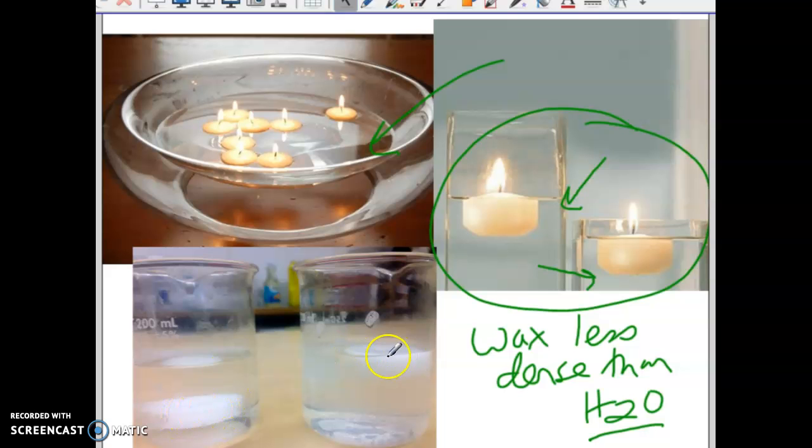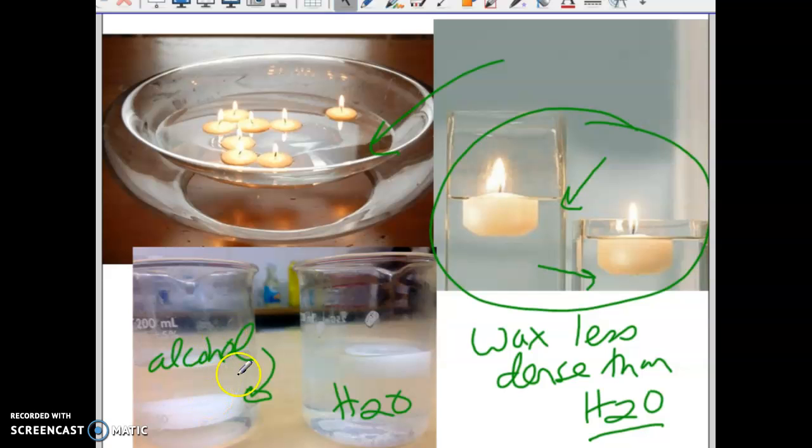These are wax pellets. This is water on the right, and over here we have alcohol on the left. You can see here that the wax will sink when it's in alcohol. So water is more dense than wax, but wax is more dense than alcohol.